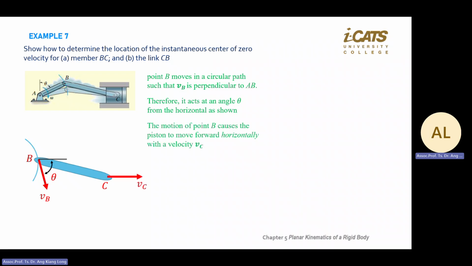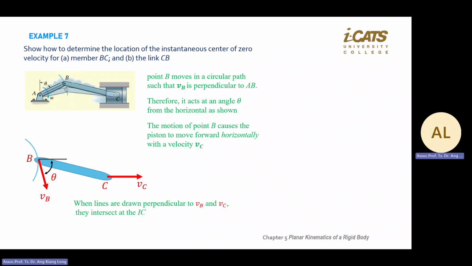So VC will go straight like this, horizontal. So you have two vectors, and you know that this one rotates this way. It is a combination of two translations or two motions, general plane. Okay, are you able to draw the IC? You should be able to draw. This one, you use your ruler, align with this one, and then you draw a line.